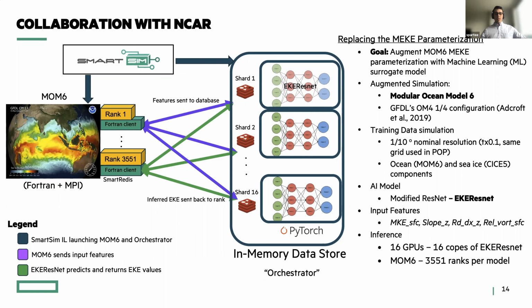So in this case, you have the database over 16 nodes, but a total of 3,551 ranks for MOM6. So in this case, every time step, MOM6 is using those Fortran clients to send those features to the database, where they're then pre-processed by TorchScript and fed to this EQ ResNet model, which predicts the value, given those features local to a given rank, of eddy kinetic energy at that rank. And then MOM6 retrieves those values of eddy kinetic energy and consumes them for use inside the next time step.